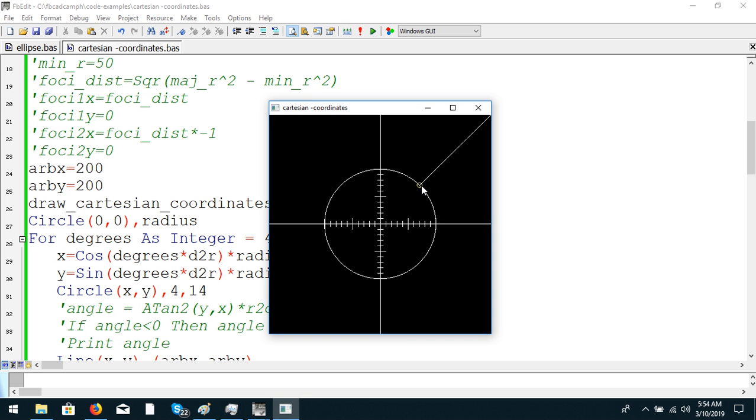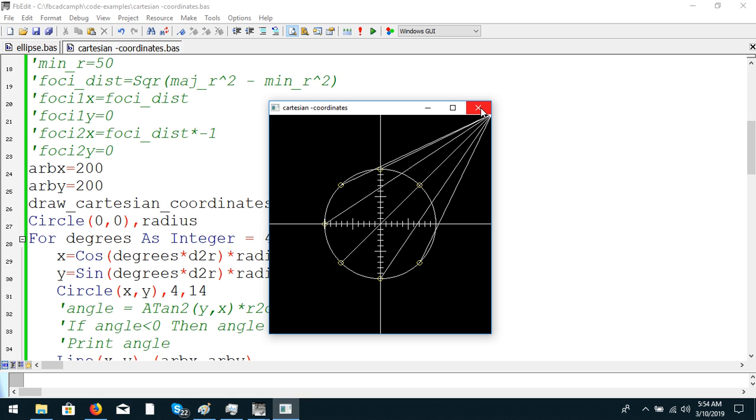Okay, so I want to know what is the angle of this line as it goes from here to here. And I also want to know what is the angle of the line as it goes from here to here. Same thing, from here to there, to there, to there. I want to know what the angle of each one of these lines is.